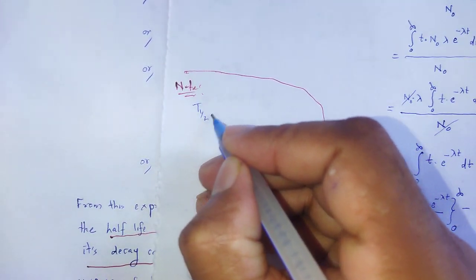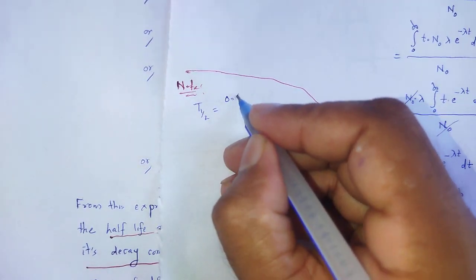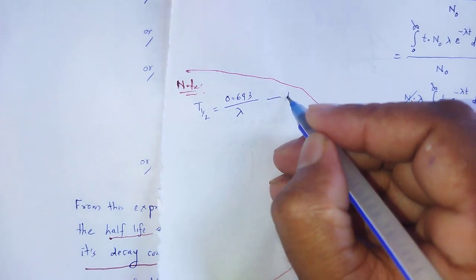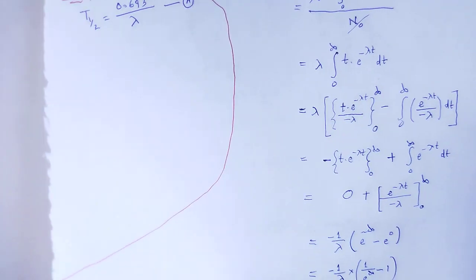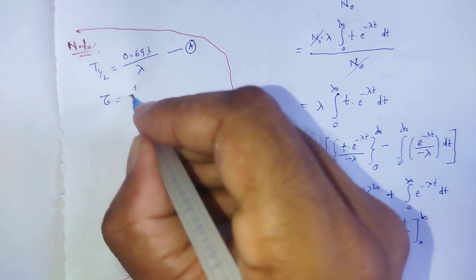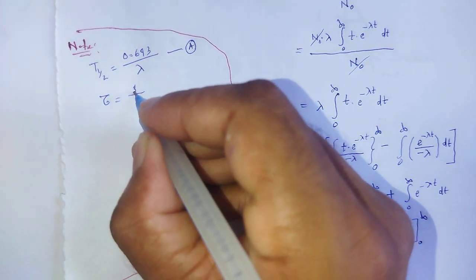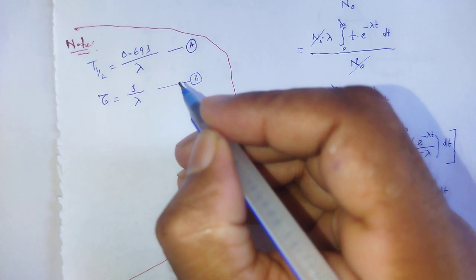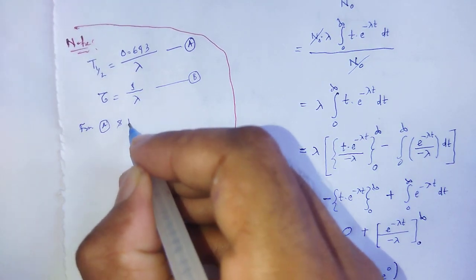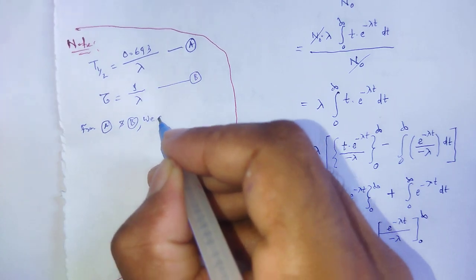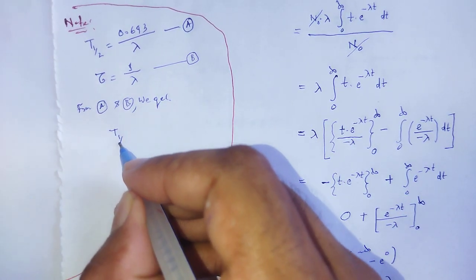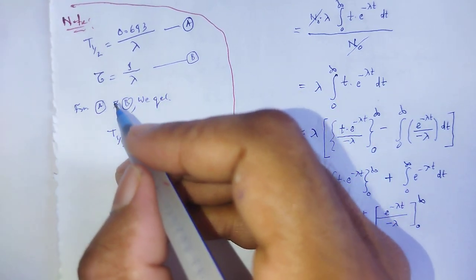T half is equal to 0.693 divided by lambda, that is equation A, and tau is equal to 1 divided by lambda, equation B. From A and B, in place of 1 by lambda we can substitute tau.